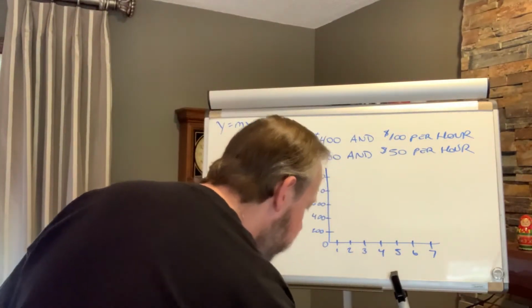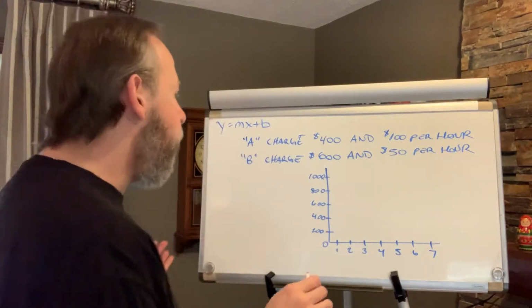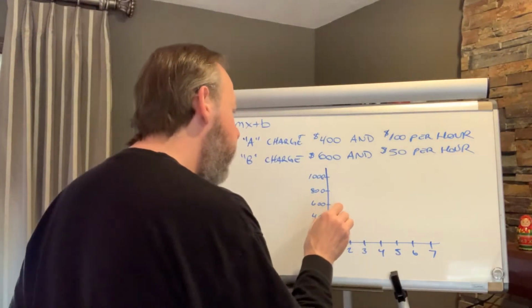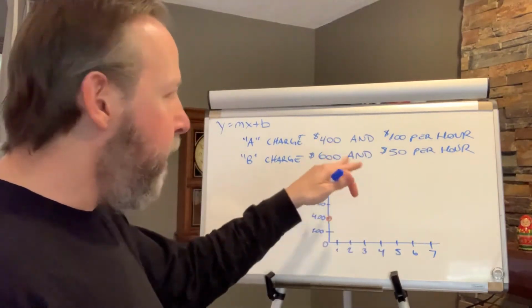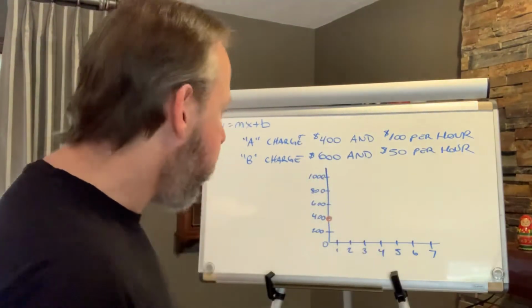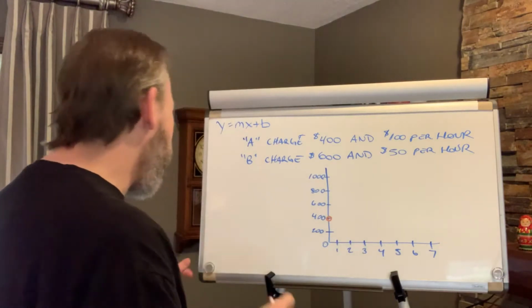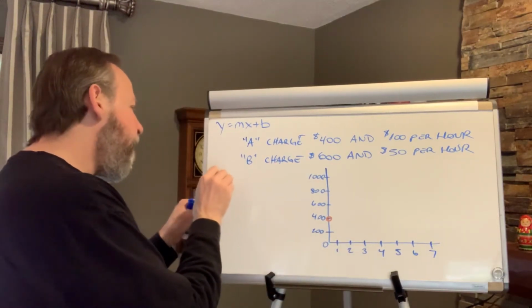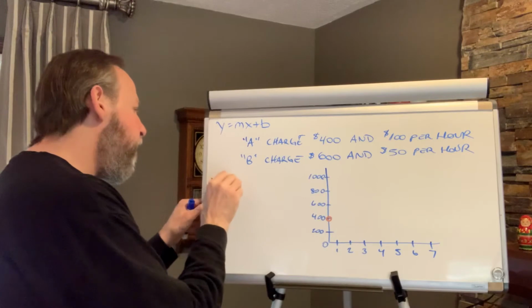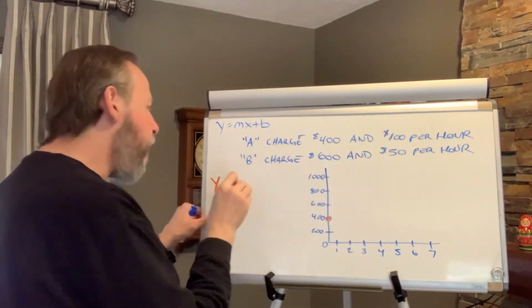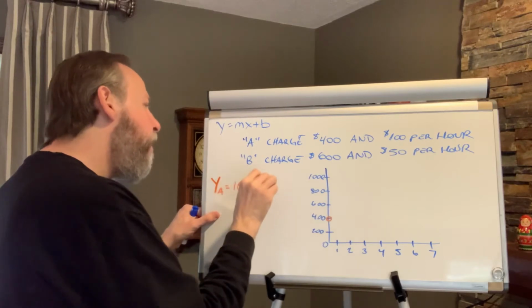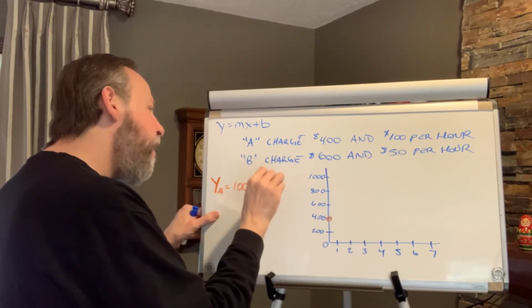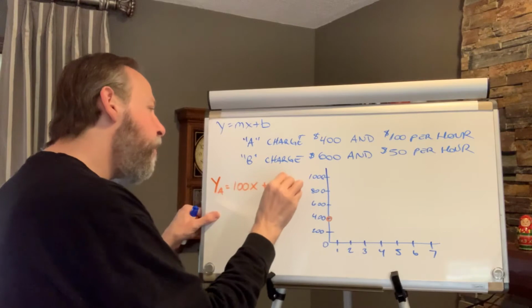So we got builder A. Builder A is going to be orange, to stand out. Builder A starts off at $400. He's right there. Now, for every hour that goes by, builder A is going up $100. Can't I make an equation out of that? Builder A's equation is increasing by $100 per hour from a starting price of $400.